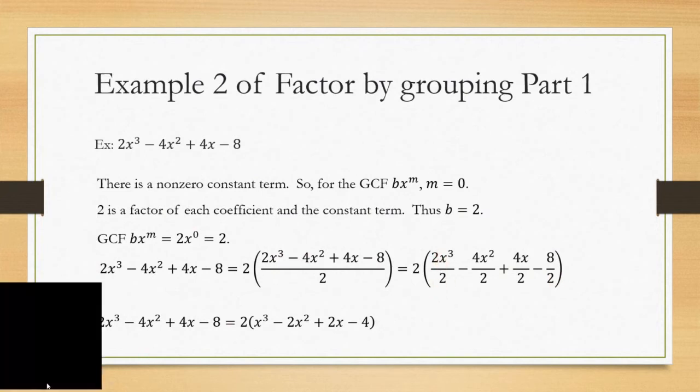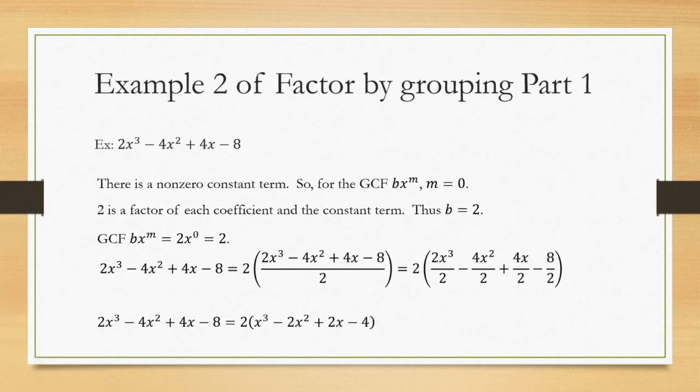Let me actually draw it in. Right here, the 2's are going to cancel, so you're left with x cubed. The 4 over 2, you get 2. The 2 down here goes away. So we're left with 2x squared for the second term.